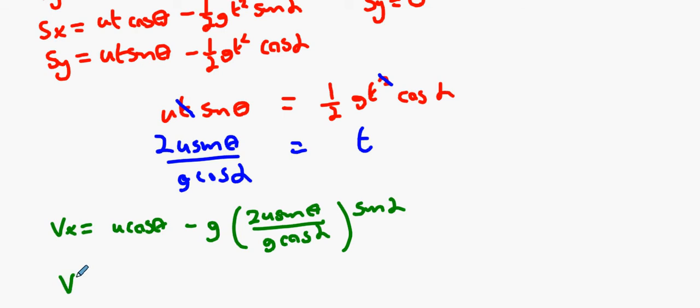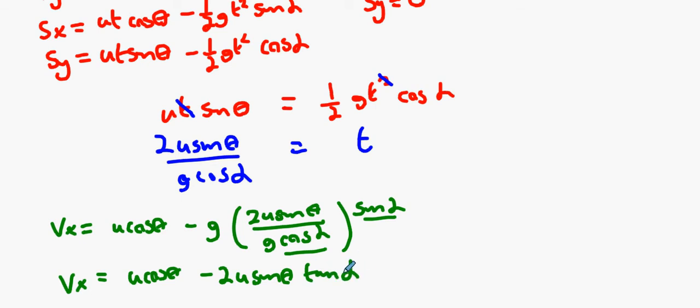Vx is u cos theta minus g t sine alpha. See the sine alpha over cos alpha? Turn that into tan alpha, can I? Yeah. I might have to change it back. I don't really know is the answer, but it just looks tidier for the time being. So there's no reason why I wouldn't do that.